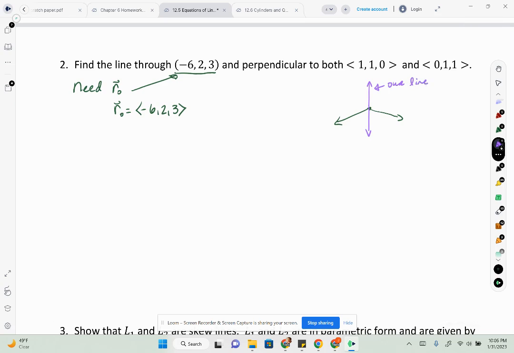We have to remember that the cross product of two vectors gives a vector that is perpendicular to each of the vectors.